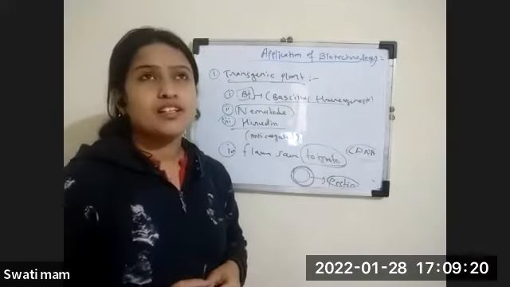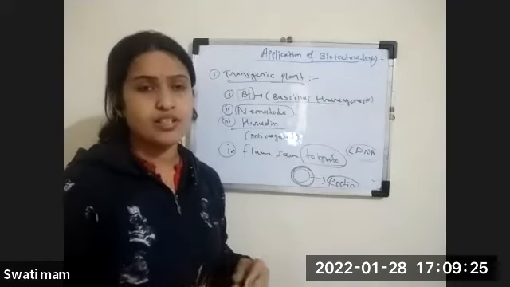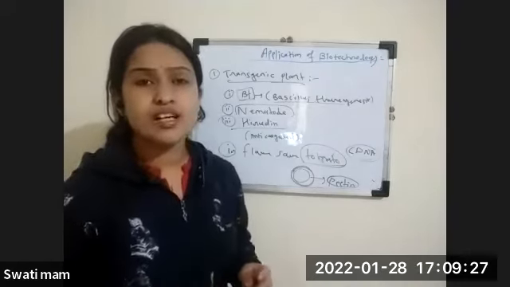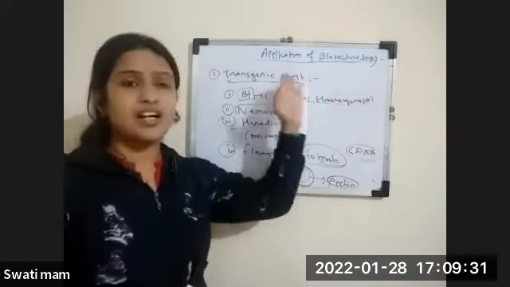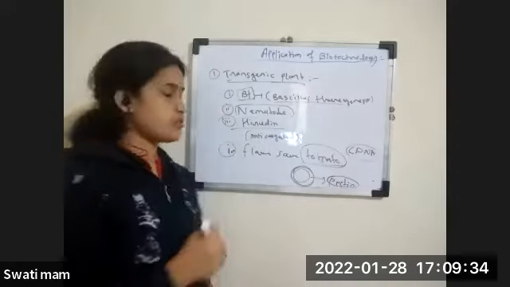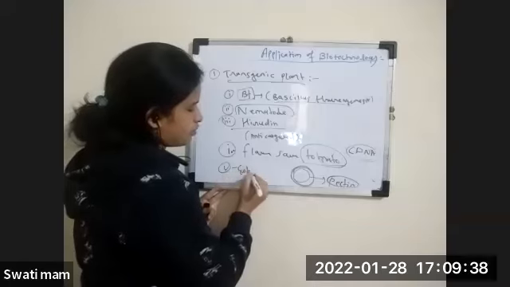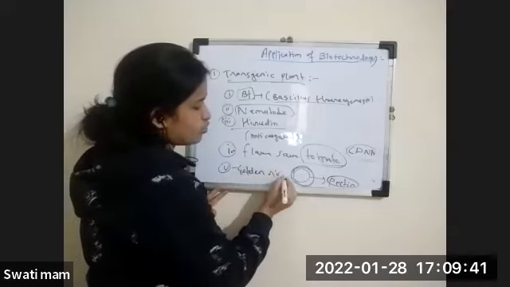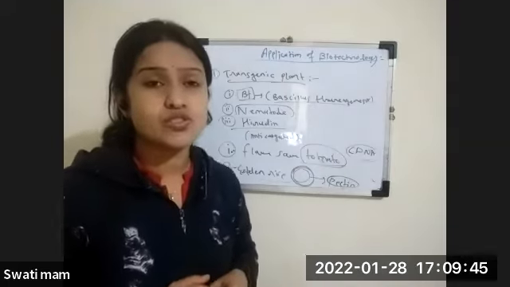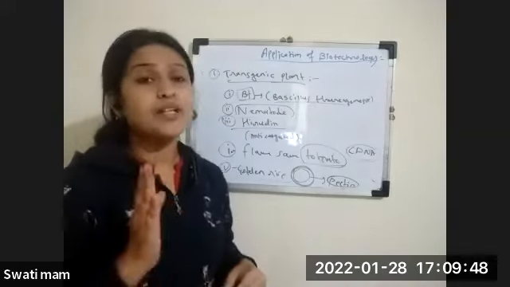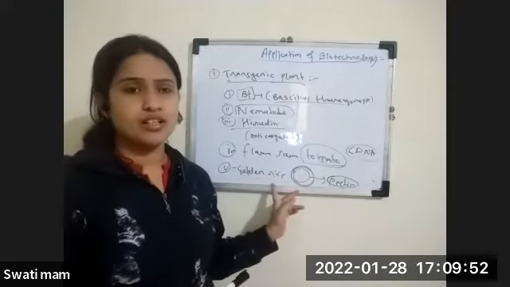Likewise, there is an example given in your textbook, that is the golden rice. So what is golden rice? Golden rice is also one of the transgenic plants formed by the process of biotechnology. Golden rice is rice which has a high concentration of vitamin E. Sorry, vitamin A. Rice which has a lot of vitamin A is the golden rice.